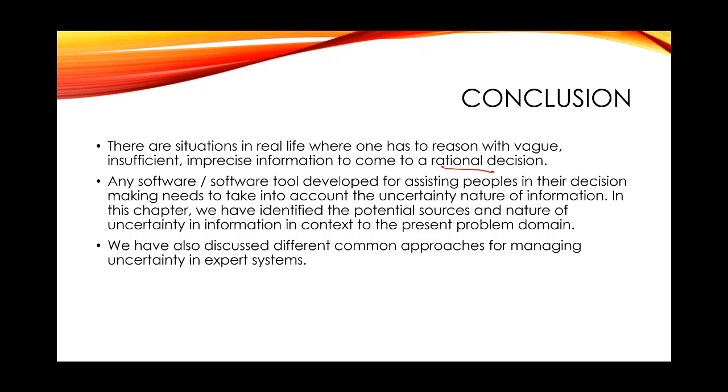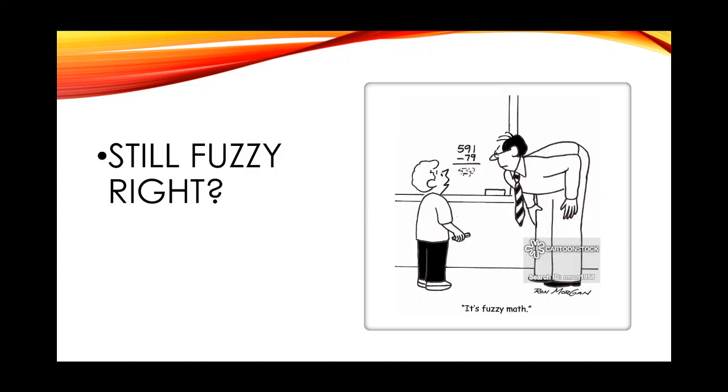So we have identified the potential sources and the nature of uncertainty in information, and also common approaches for managing uncertainty in expert systems, whereby we can use fuzzy logic, Bayesian reasoning, and also certainty factor.